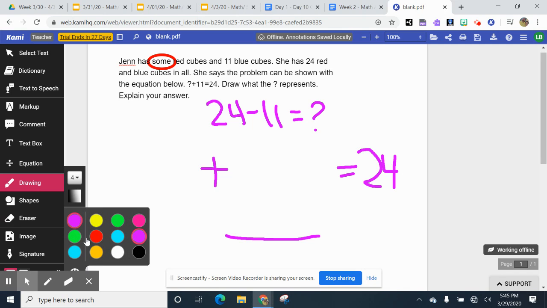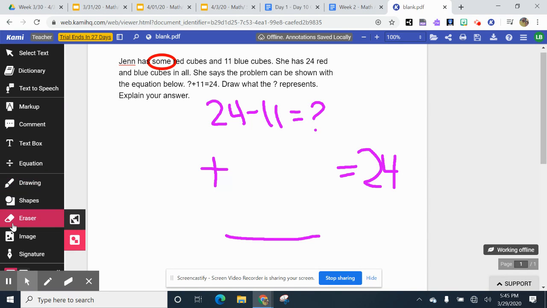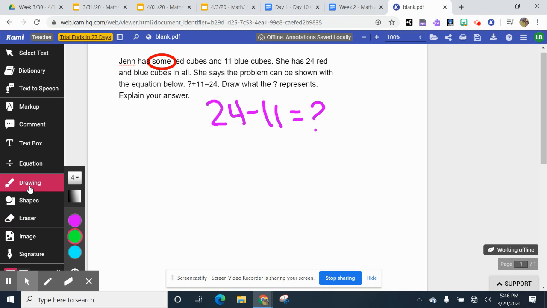I'm going to change my drawing tool to green. We're going to show 24. I'm going to erase a little bit more of this information, the 2 and the 4, because we don't need that right now. Okay, so 24 minus 11.